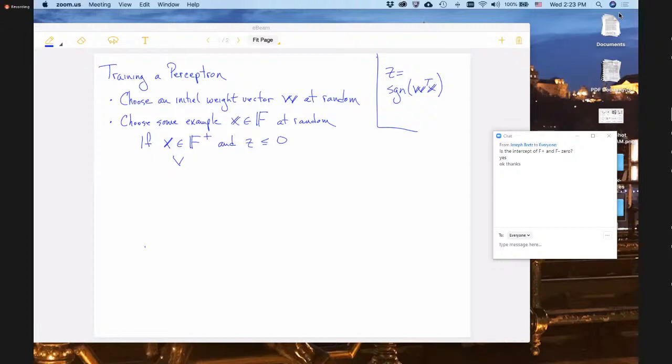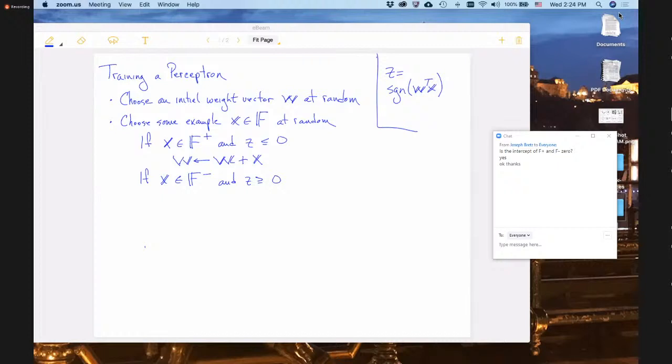We're going to take the weight vector and we're going to add the example to it. If, on the other hand, X is negative and Z is greater than or equal to 0, and if you want to, get rid of the equality on one of them, that's fine, because if you're doing this in order, if equality hits on the first one, it's not going to hit on the second one because you're going to skip out.